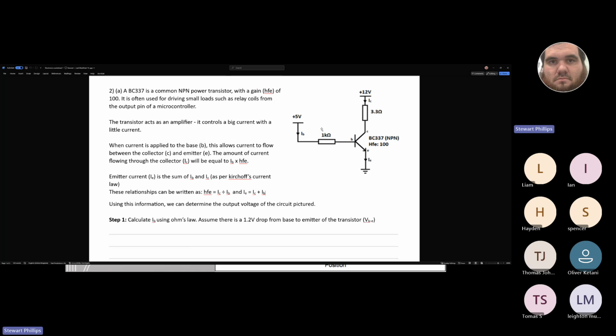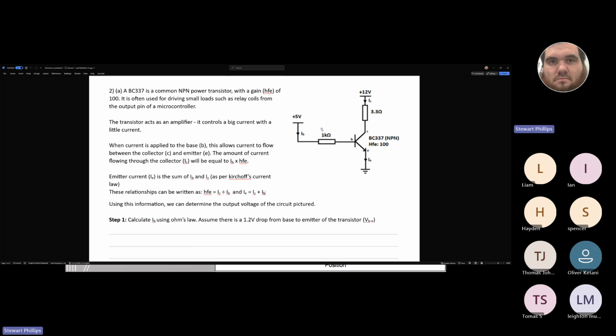So for the current flowing through IB, we use Ohm's law, I equals V divided by R. We know we have 3.8 volts left.